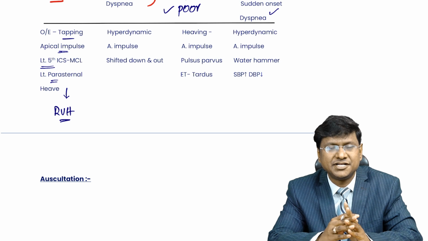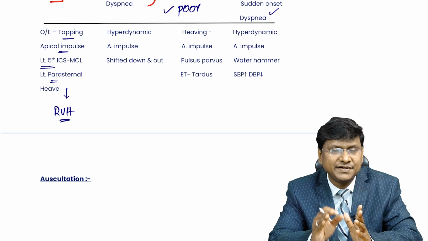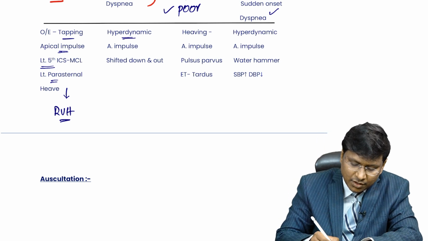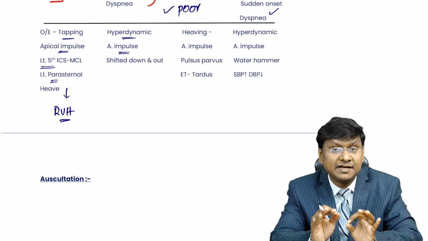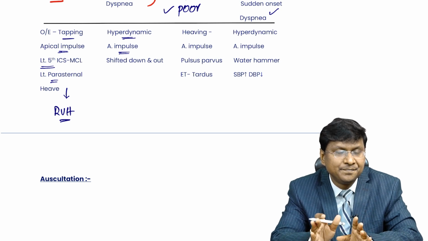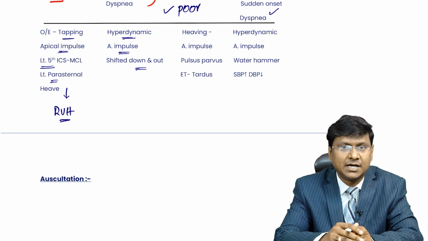Whereas in mitral regurgitation, the LV will have eccentric left ventricular hypertrophy. So whenever the LV has eccentric left ventricular hypertrophy, you will have what is called the hyperdynamic type of apical impulse. The hyperdynamic apical impulse will be there in case of MR and AR, where the apical impulse is shifted down as well as out.